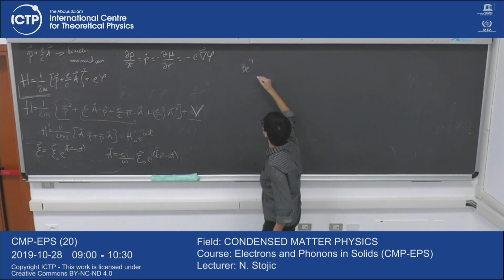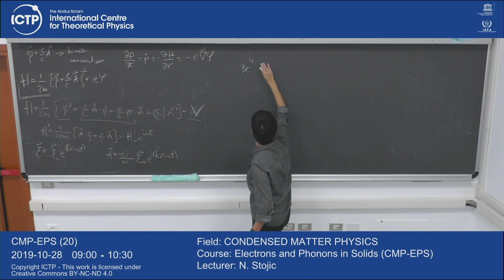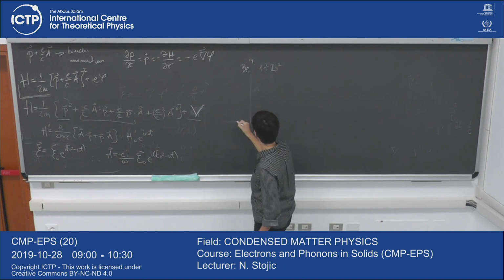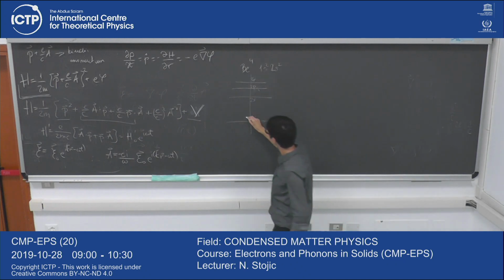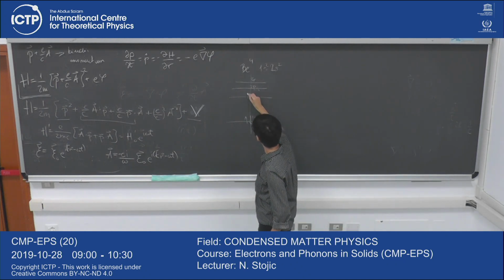It has 4 electrons: 1s2 2s2. So the atomic levels are 1s, 2s, 2p, 3s, more or less. This is occupied fully, and this is occupied fully.